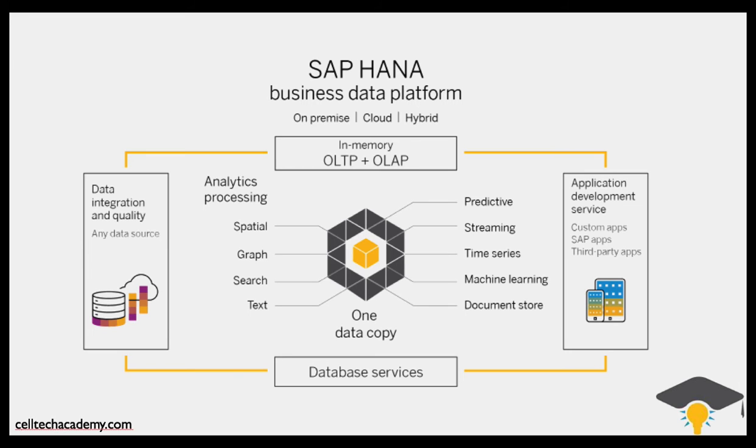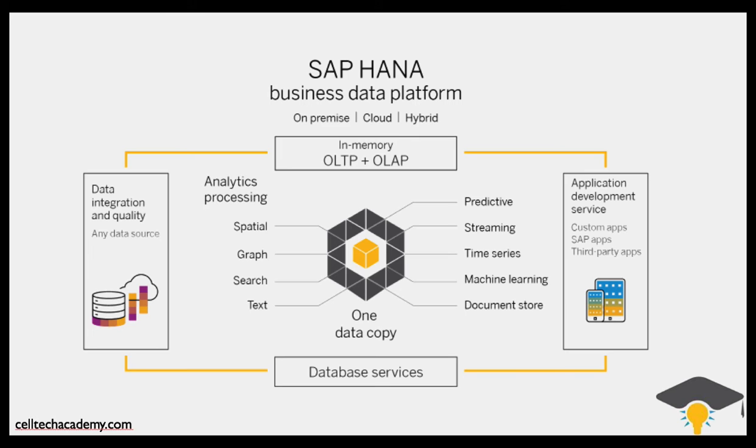Document stores, and also you can do custom applications on SAP HANA, or third-party apps could be developed. You have n number of options to do whatever you want with SAP HANA. So that's the greatest advantage.